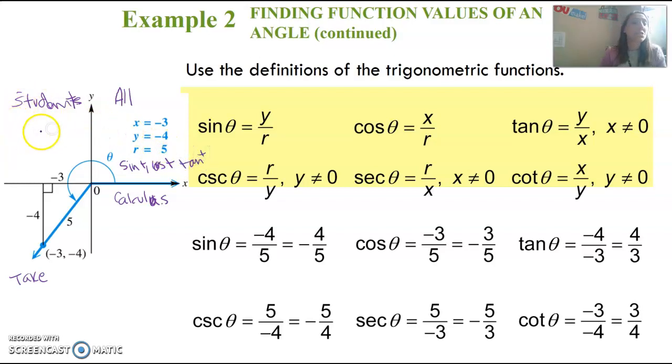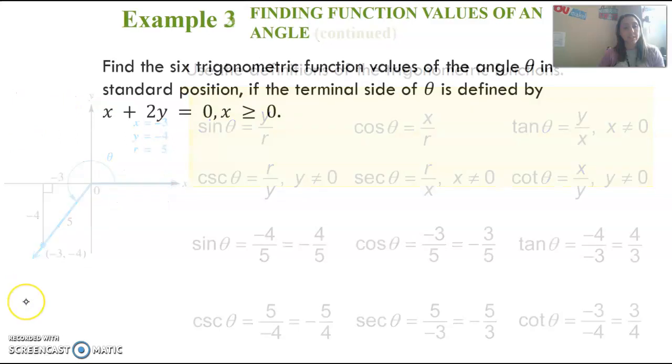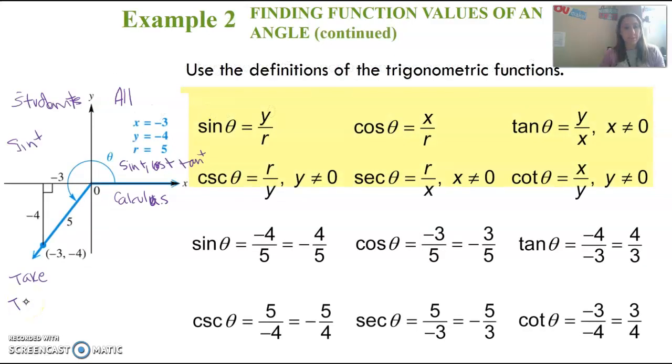And where it says students in the 2nd quadrant, only sine is positive. So we're at take, what do you think? And we just found that tangent was positive, so only tangent is going to be positive here. And then in calculus, in that 4th quadrant, only cosine will be positive.